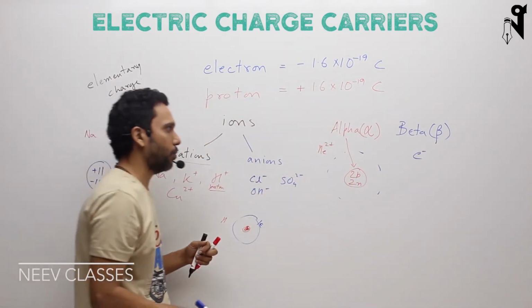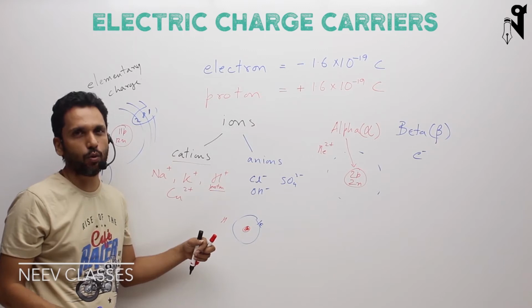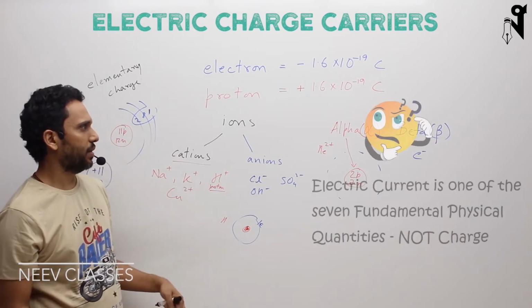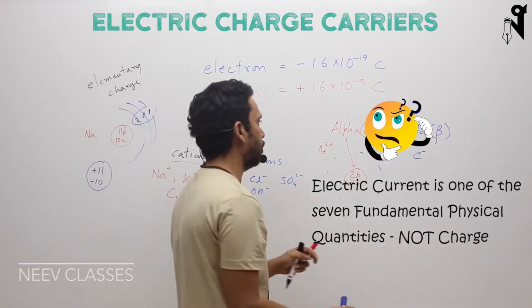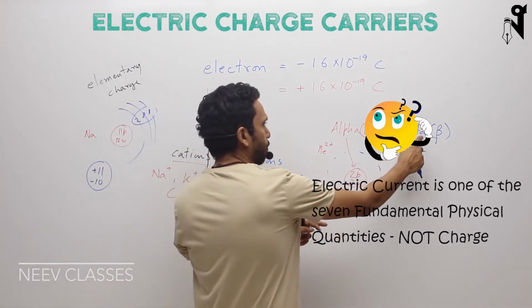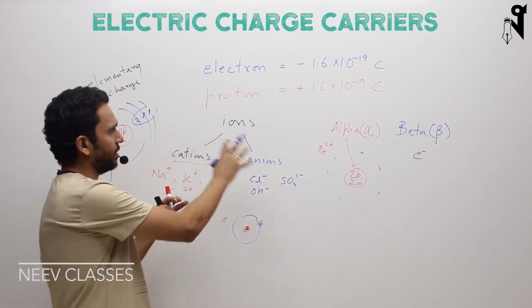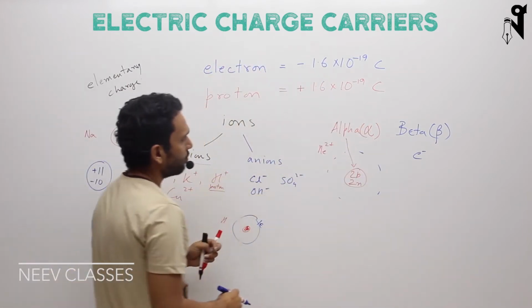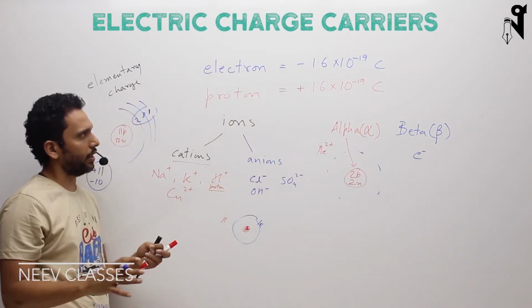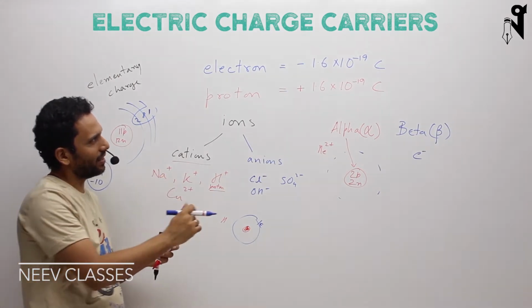Generally we talk about alpha and beta particles when nuclear phenomena are happening. That means an electron is getting shot out of the nucleus of some atom. We say a beta ray has come out. Anyways, if these things are moving, then that is going to constitute a current. So hence we are talking about these things.